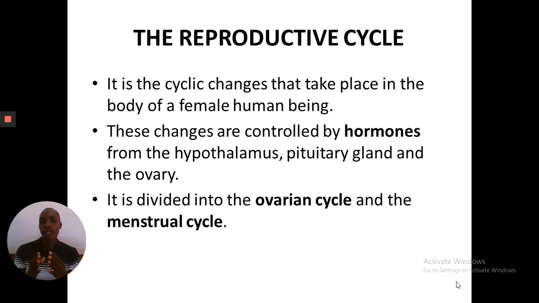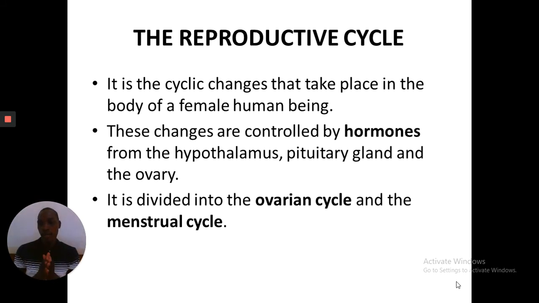So that is what we call a cycle. Now, the reproductive cycle is divided into two. We have an ovarian cycle, simply what happens in the ovary. There are cyclic changes that take place in the ovary. And also we have the menstrual cycle. The menstrual cycle is simply what happens within the uterus. So there are cyclic changes within the uterus that we are going to talk about.